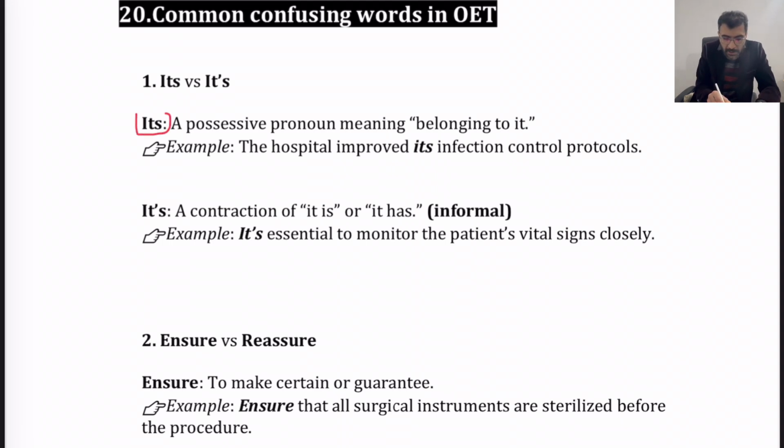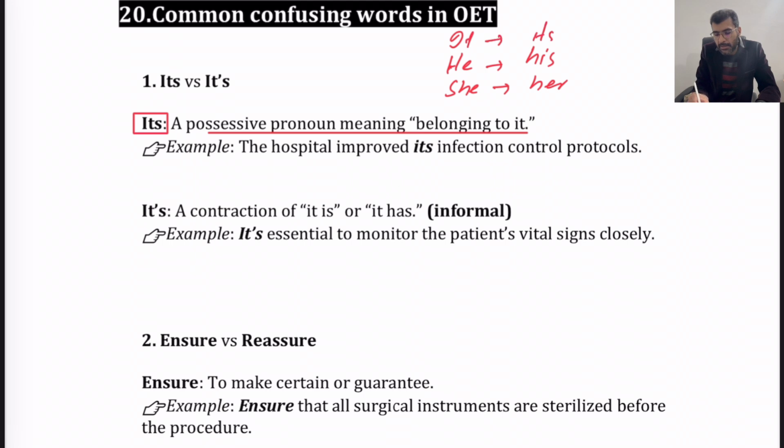Its is the possessive form of it. Like we use he, then the possessive form is his; she, her. Similarly, it is its. There's no apostrophe. So this is the possessive form of it.